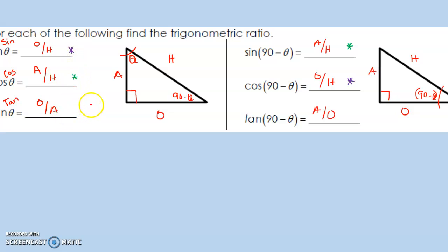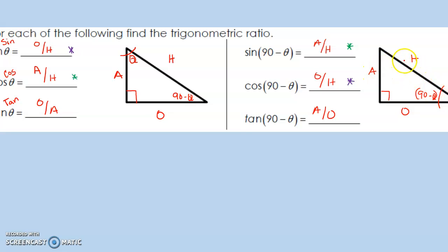Okay, well, what if I'm on the same triangle and I want to look at those trig ratios of this other angle, and I'm not going to relabel this time. So if I'm here at 90 minus theta, sine is this opposite side over the hypotenuse.